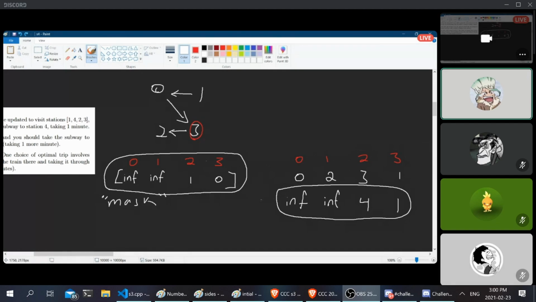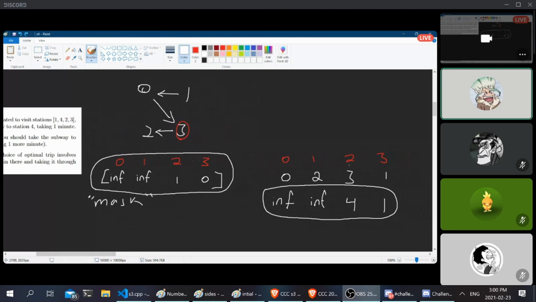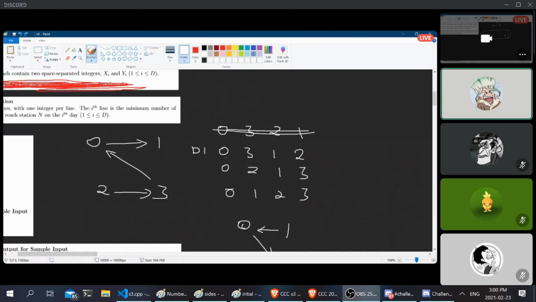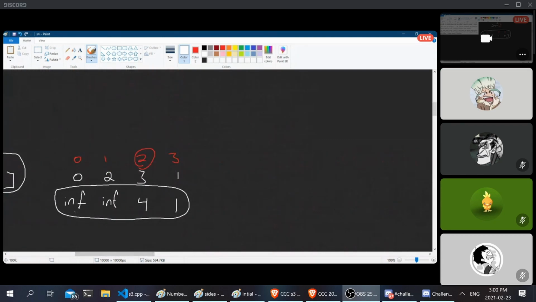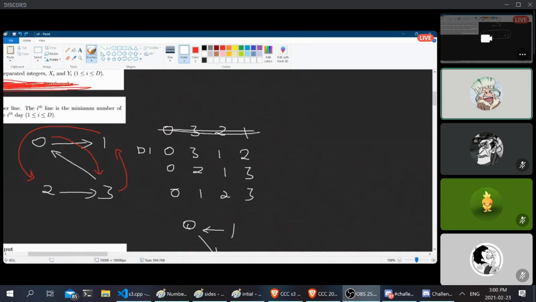What I mean by that is, for example, say we take the subway to station 2. It's on day 1, so the subway route goes from 0 to 3, then 3 to 1, and then 1 to 2. So we first take the subway to station 2: starting from 0, 1 minute to station 3, 2 minutes to station 1, and 3 minutes to station 2.